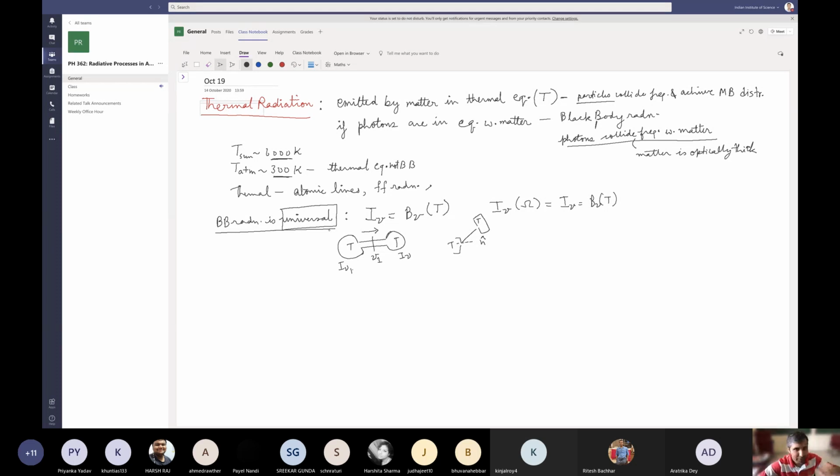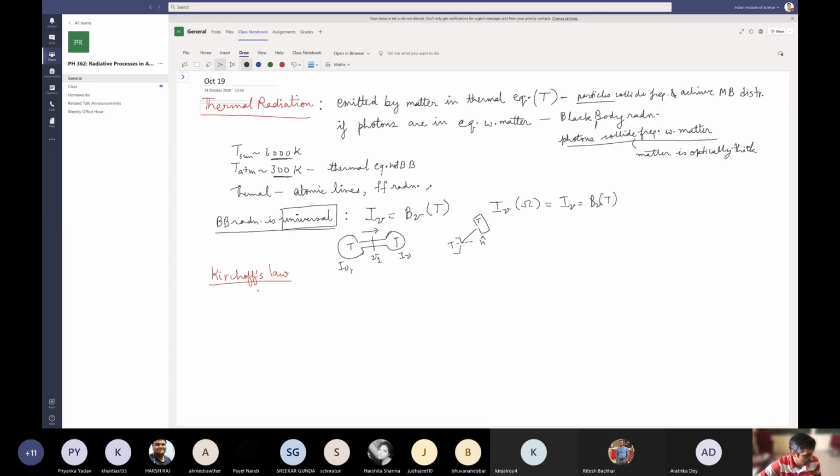Now we are coming to the radiative transfer aspects of thermal emitters. This is called Kirchoff's law.